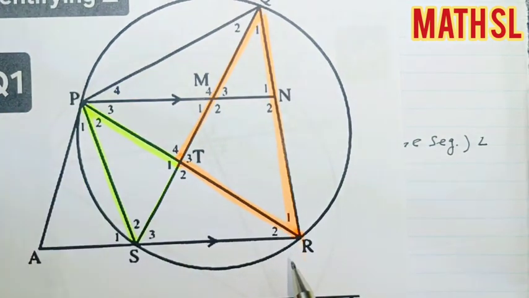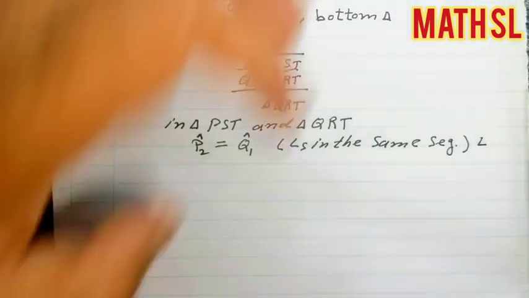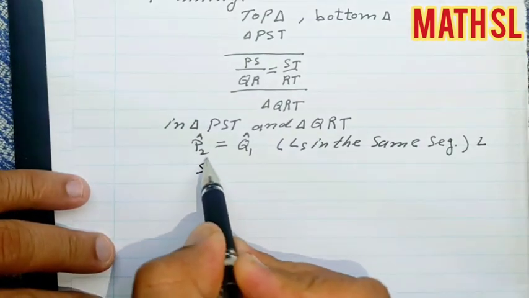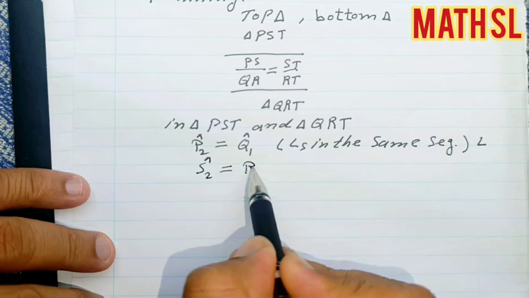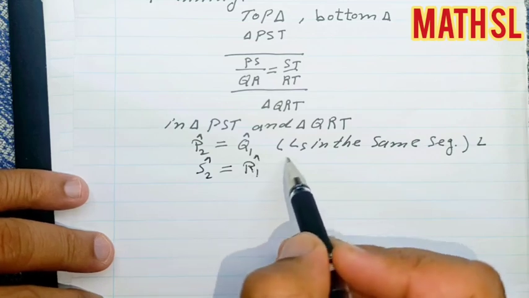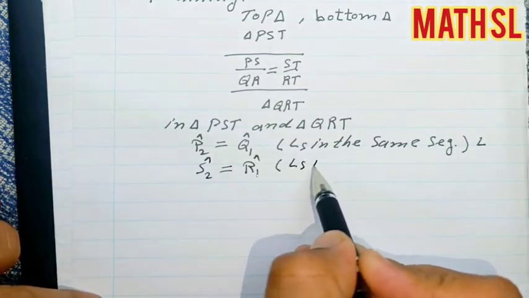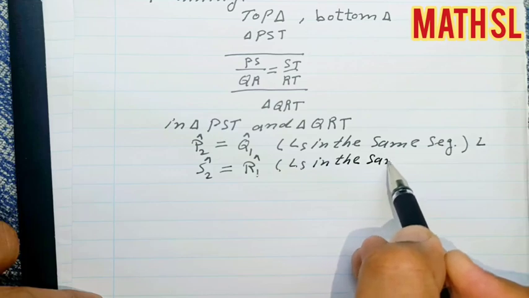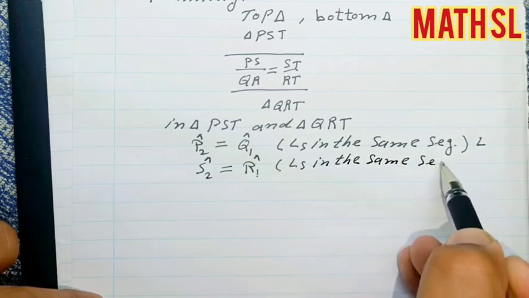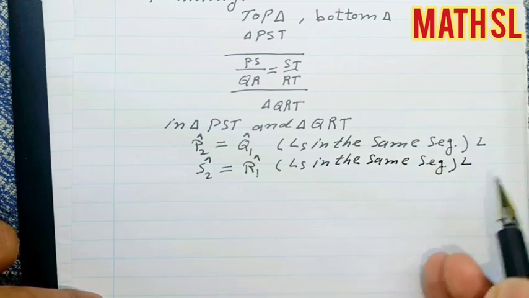So angle S2 is going to be equal to angle R1, and the reason is also angles in the same segment. This is my second angle.